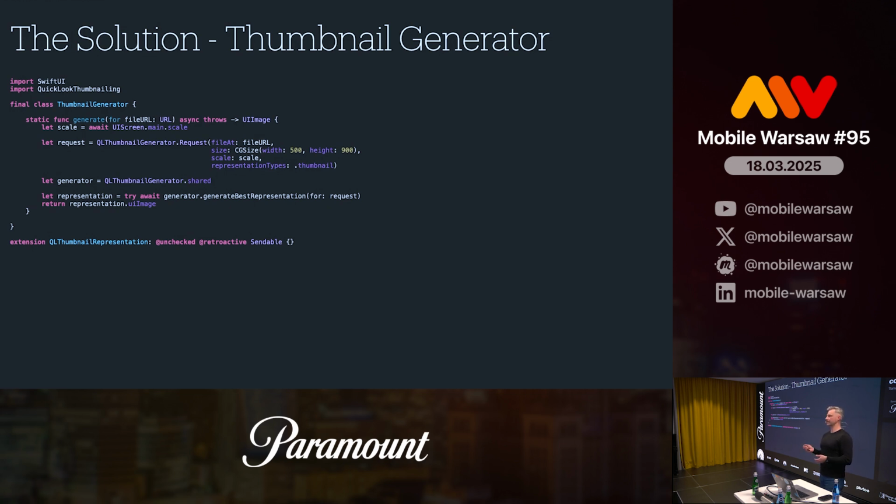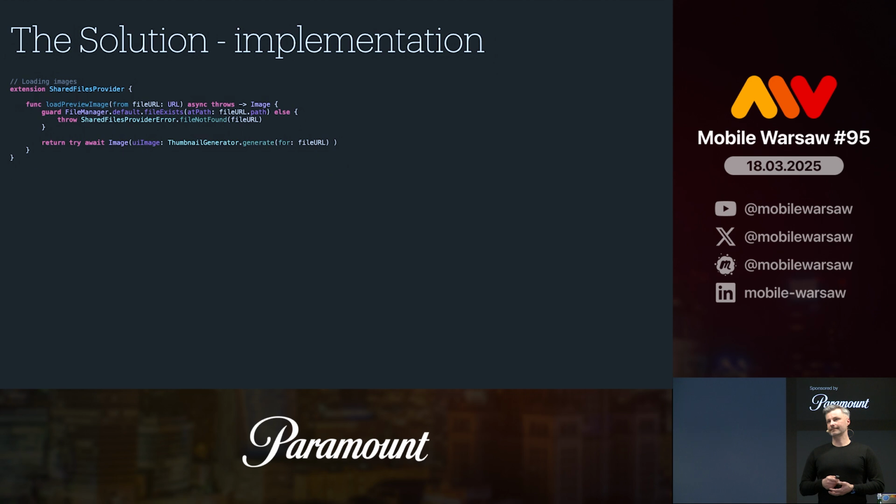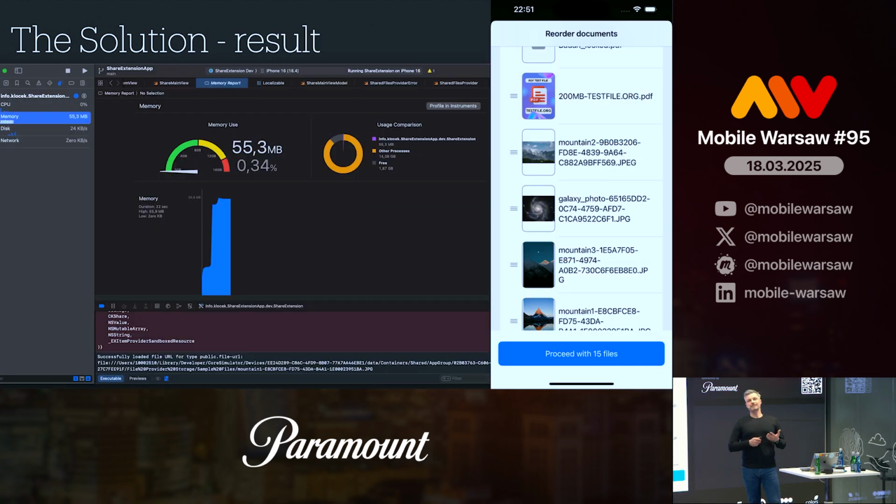You can generate, like me, very good quality images in a big size, because 500 by 900 is a big size, and we don't have to decide if it is a PDF or an image, or basically any file on our phone, because this thumbnail generator generates images and previews for all types. So if you have something on the iPhone and the iPhone can use this file, you see this preview. So this is the difference.